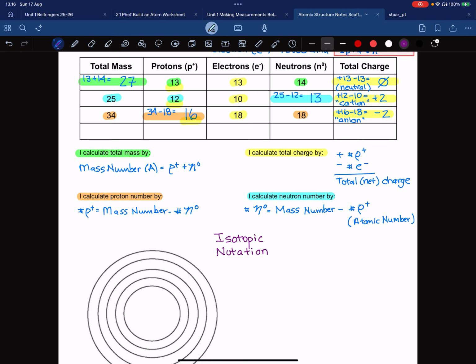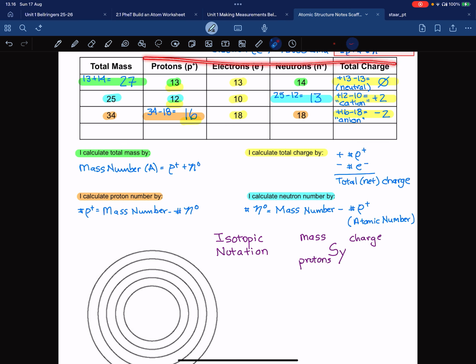The mass will be a superscript on the left-hand side of the symbol. The protons will be a subscript on the left-hand side of the symbol, and the charge will be a superscript on the right-hand side of the symbol. So we can just do them one at a time.